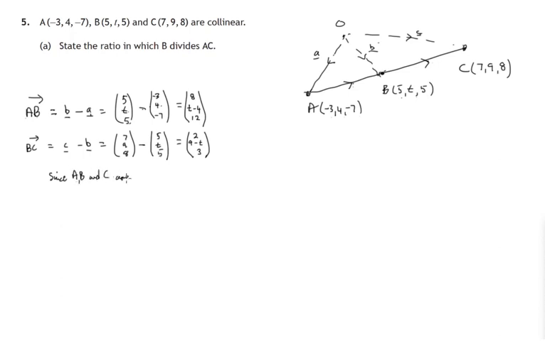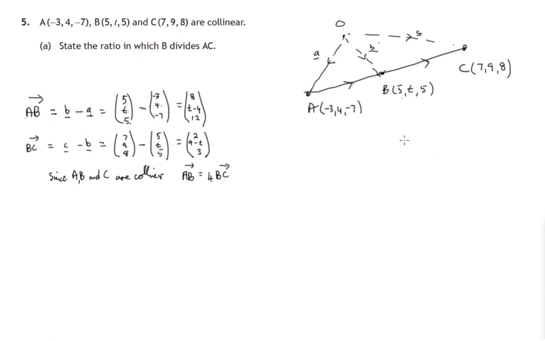Since they're collinear, we know that we can express one of these journeys in terms of the other one. And in this case, we can see that AB is equal to 4 times BC. And that'll be true of the y components that we know nothing about yet.